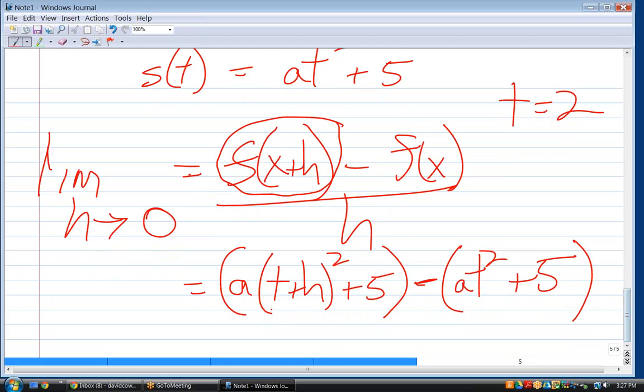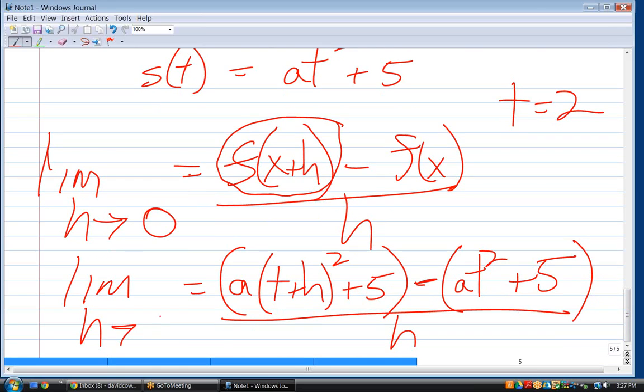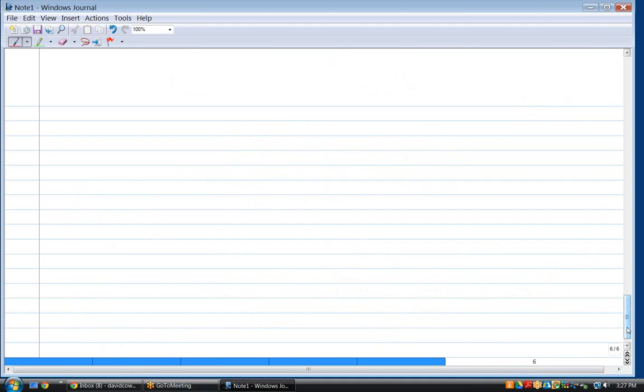Okay. I'm putting the whole thing over h, and I'm going to take the limit of this as h goes to 0. Now what's going to happen here is the numerator is always going to factor down to some h that can be factored out, and then that's going to cancel with the denominator. And that's what always happens on these.